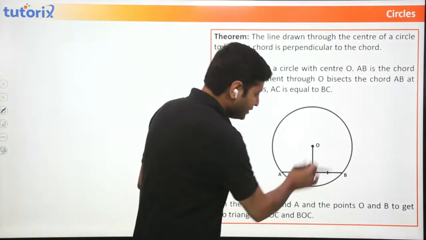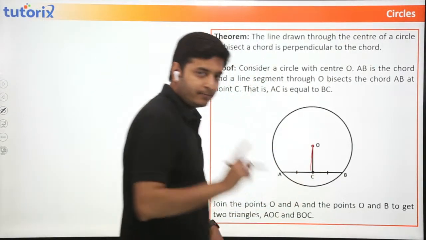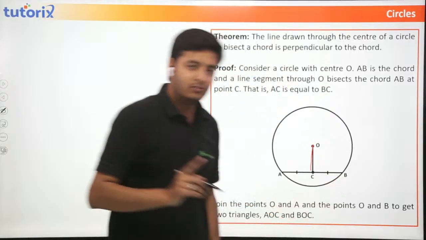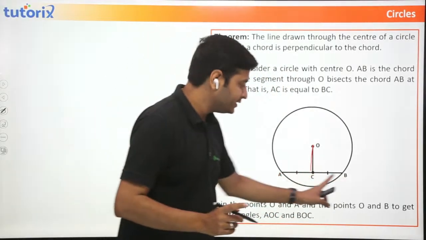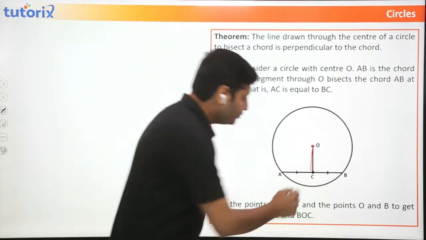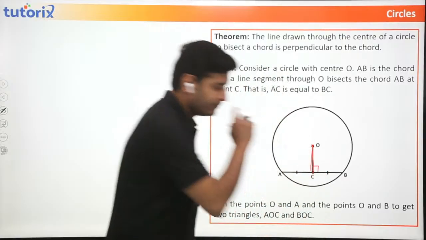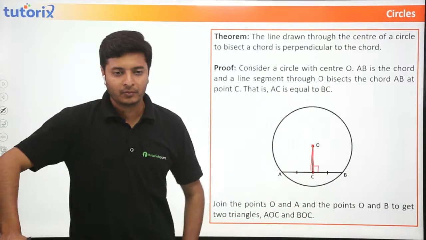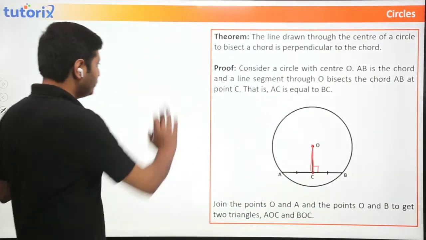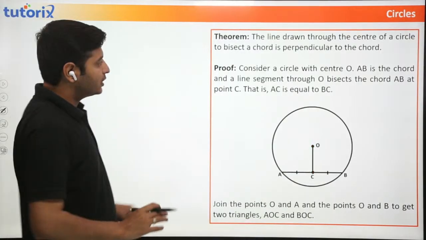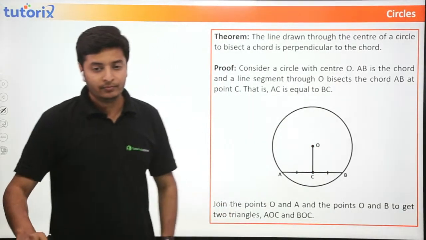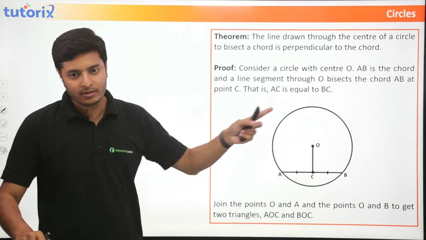So the given thing is that this line that we are drawing is bisecting this chord AB into equal parts AC and BC. We need to prove that OC is perpendicular. So again, you need to write everything: you are considering a circle with center O. You are going to create the image.